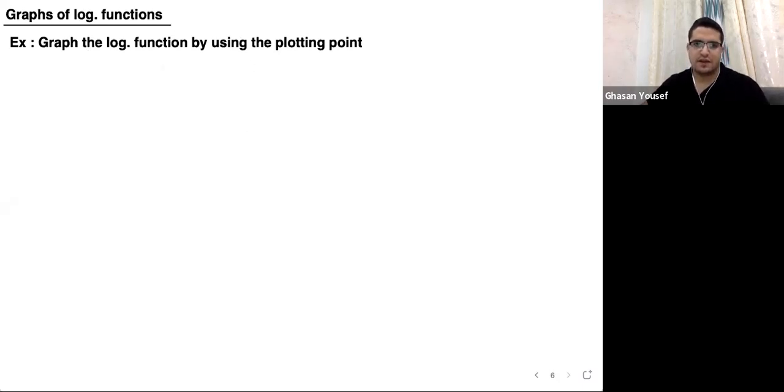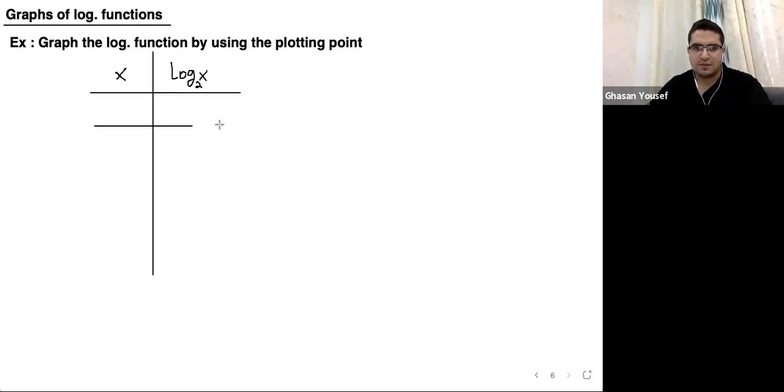My function is f of x equals the logarithm of x with base 2. To graph a function like this, we have to plug points inside the function, then get the points for this function.